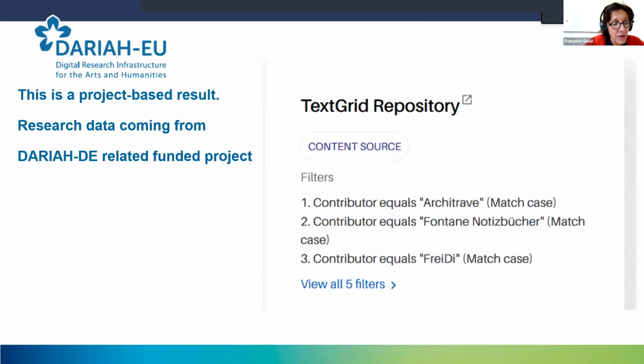Filter functionality is also very important. That's why we postponed the integration of more repositories. So here you can see an example of filters enabling to focus on DARIAH content only. In the case of the TextGrid repositories, the filters are based on metadata, identifying projects funded by DARIAH Germany, DARIAH-DE.